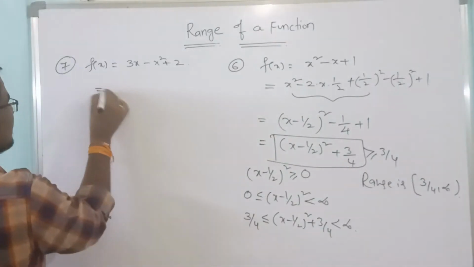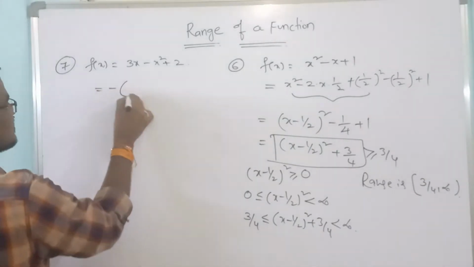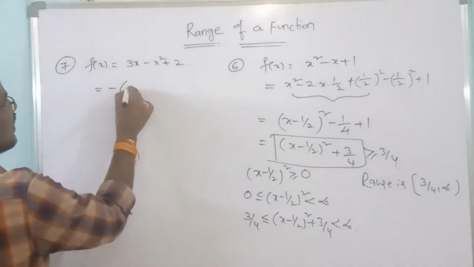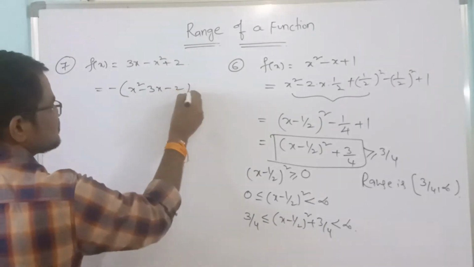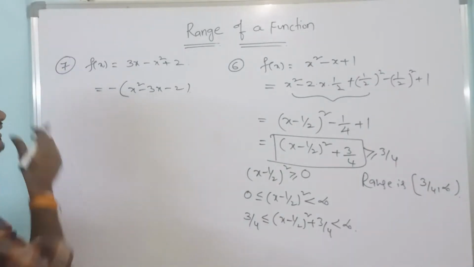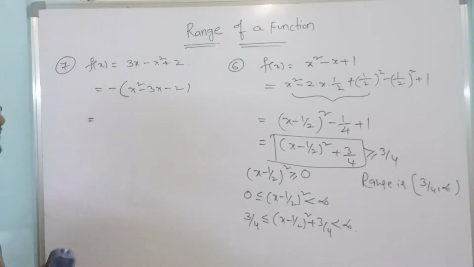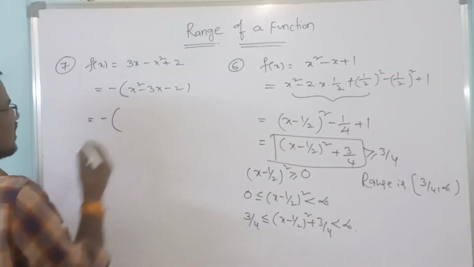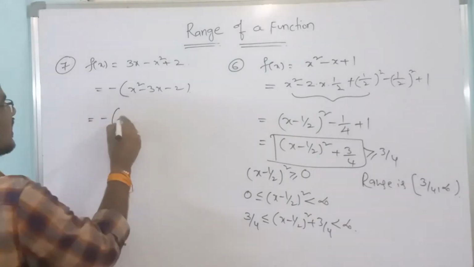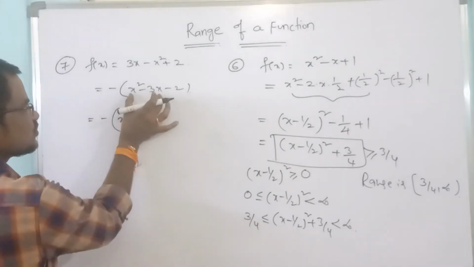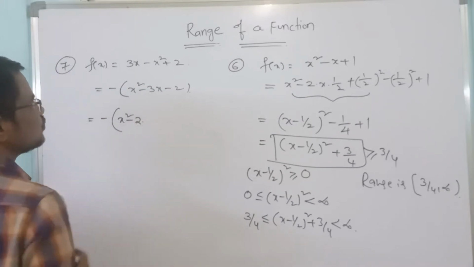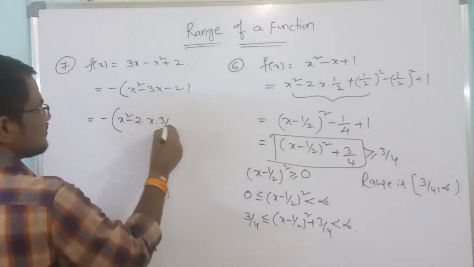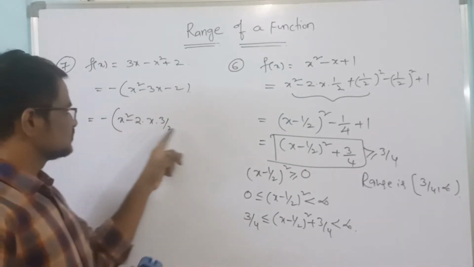So here also I will write, take minus common, x square minus 3x minus 2, right? Now that is equal to minus of x square. From these two terms we have to write a perfect square, a square minus 2ab.